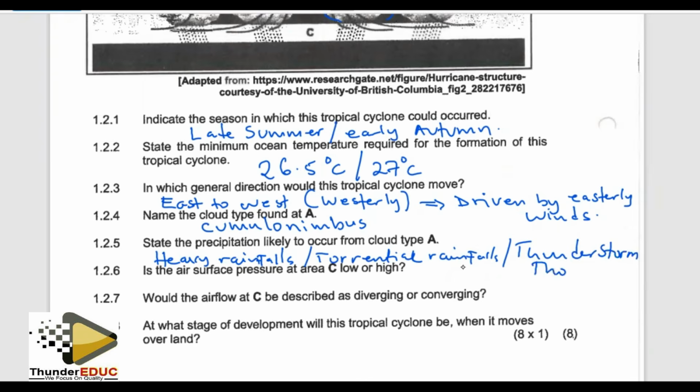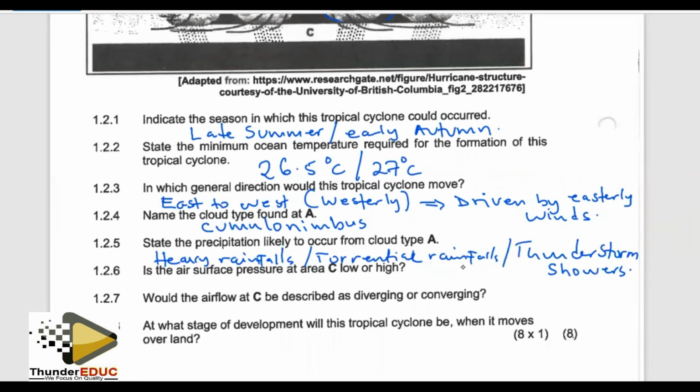So basically, we say heavy rainfalls, torrential rainfalls, or thunderstorm showers. Okay.